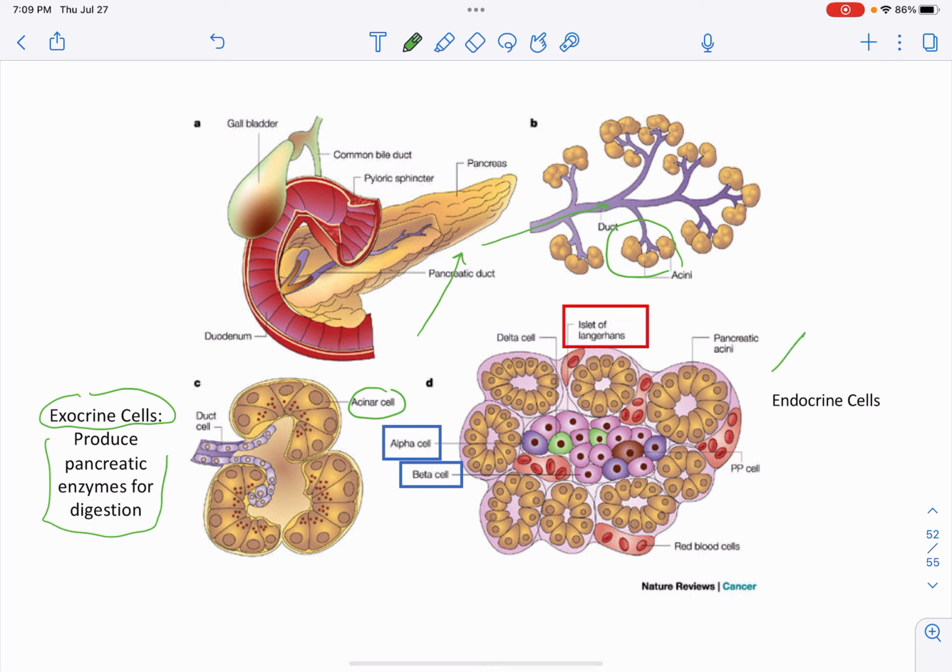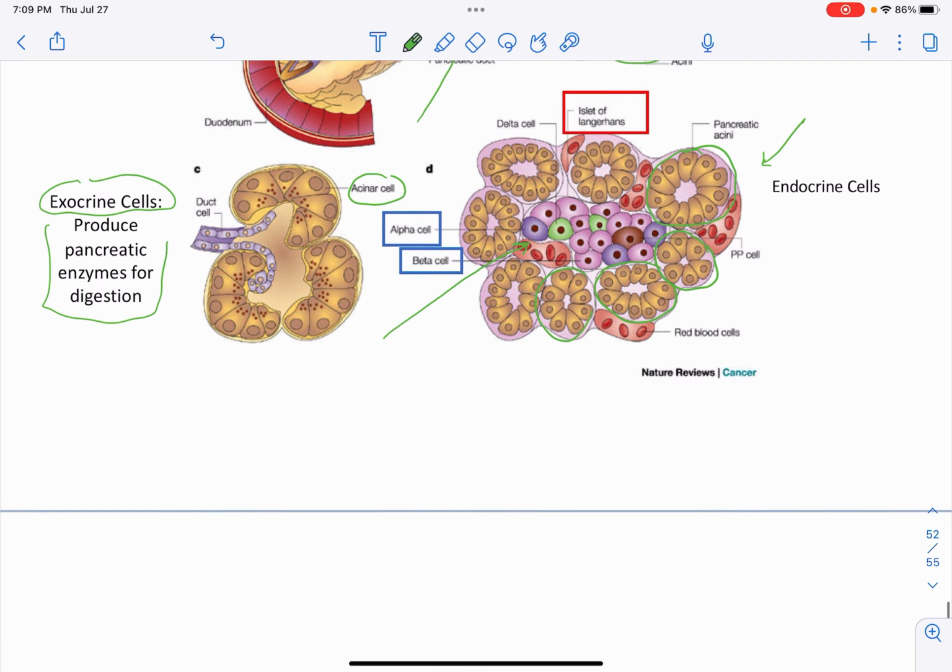So when you look at the histology, the pattern that you see is you're going to see those acini, so these clusters of acinar cells. So there's clusters of them. And then in the center, right here, is where you get that endocrine production. So there are these cells called alpha cells and beta cells.